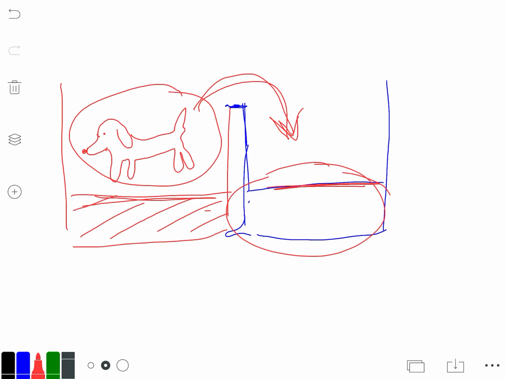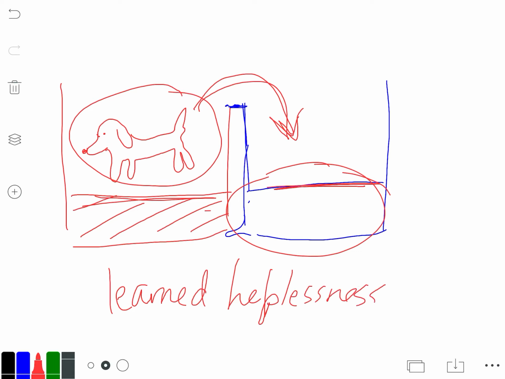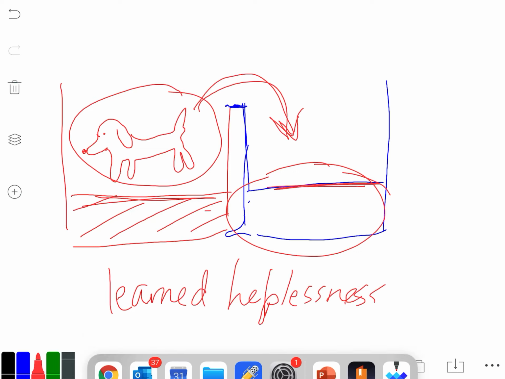But if the dog is never exposed to a situation where it can remove itself from the electric grid, even when presented after the fact with a potential opportunity to escape, it won't. And so this is what is referred to as learned helplessness. The dog learns to become helpless in this particular situation.